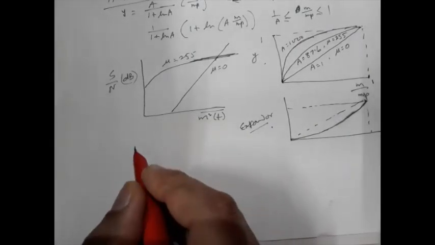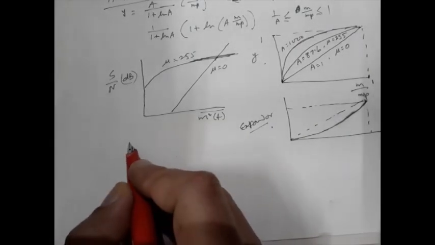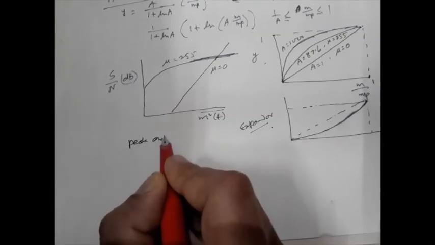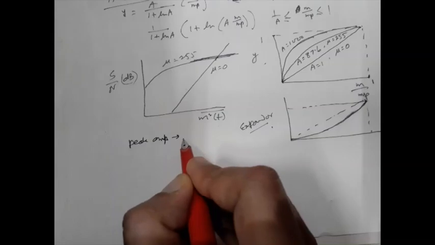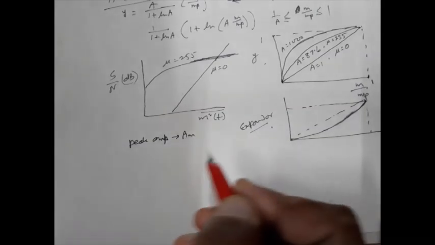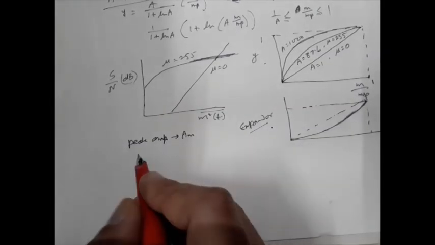So first we will consider the sinusoidal signal to have a peak amplitude of, say, Am. Am is the peak amplitude.